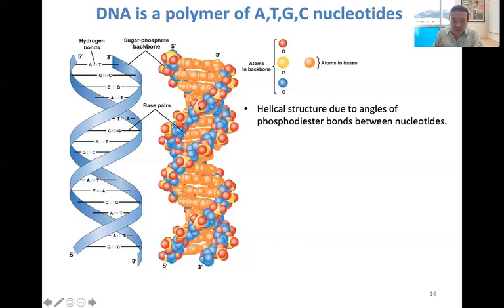So the yellow spheres are the phosphates with their 3 oxygens attached to them. So they are forming that backbone, and they'd be attached to a ribose sugar or deoxyribose sugar. So these blue groups here, you could probably count 1, 2, 3, 4, 5. There'd be like 5 carbons in there. That's the sugar ring. And then the light orange part would represent the nitrogenous base that's attached to them.